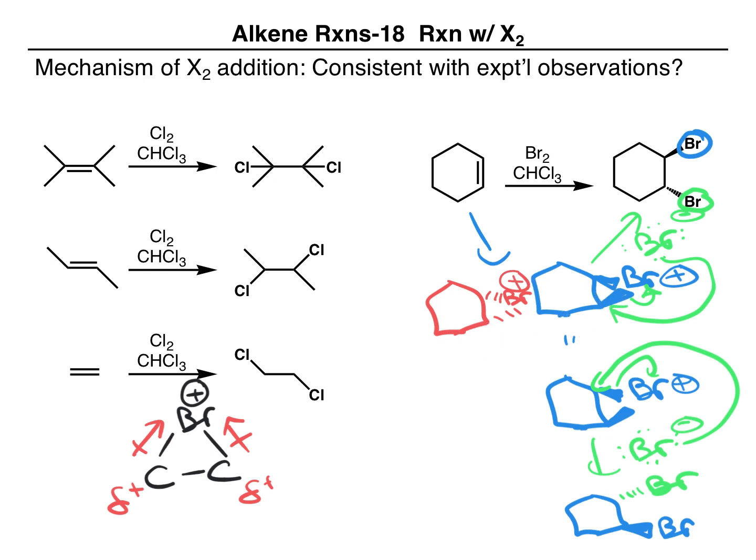But it's important to keep in mind how the reactions can occur, what type of stereochemistry is possible, and therefore what is the stereochemical outcome. So the proposed mechanism that involves the formation of a cyclic bromonium ion, a cyclic chloronium ion, or more generically, a cyclic halonium ion, is consistent with both sets of experimental observations.